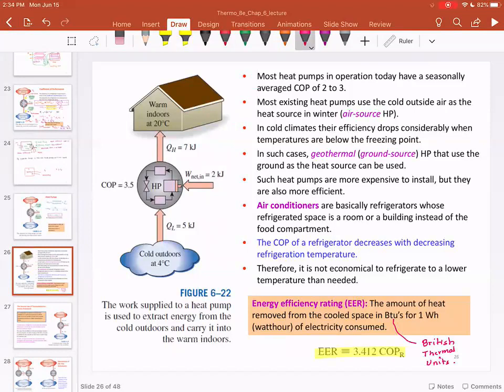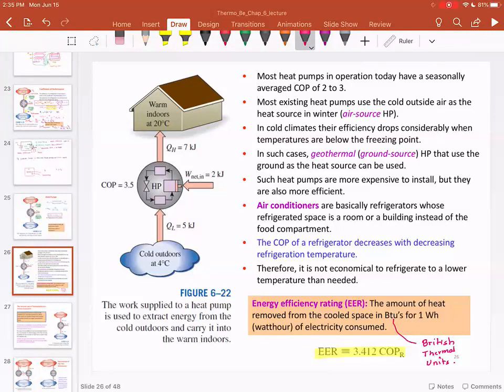And I just want to point this out. This definition is sort of inconsistent because BTU is not an SI unit, but watt hour is. So this is a little bit arbitrary in the sense that we are trying to relate a quantity in SI units with a quantity in English units.